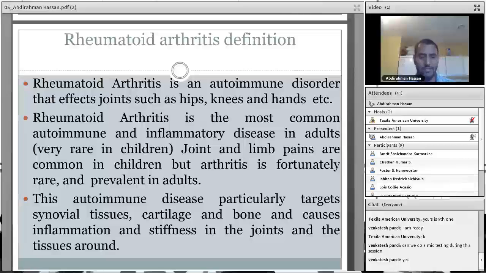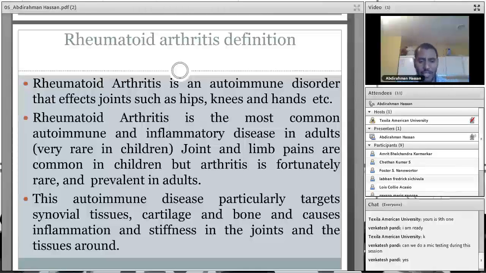rheumatoid arthritis. So this autoimmune disease particularly targets synovial tissues, that is the connective tissue that lines the inner surface of the synovial joints and tendons.